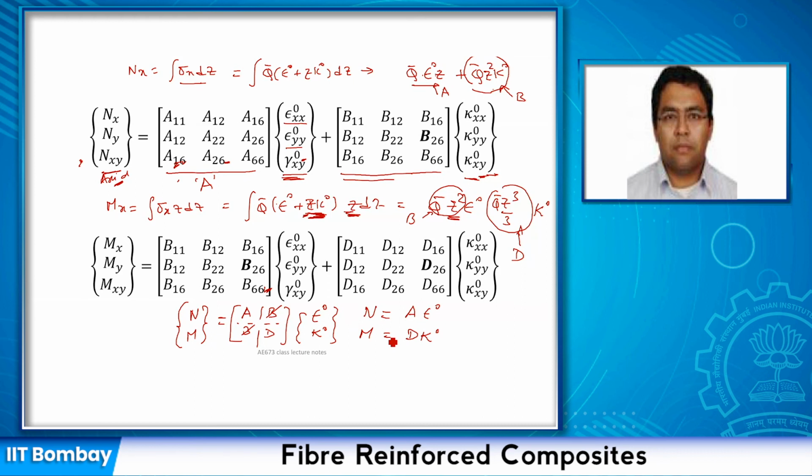But now suppose you create unsymmetric layups, then what happens? The B matrix becomes present. So physically what it means is, if you take a laminate and you apply an NX load, you are just pulling it straight, but that laminate will want to bend about the x-axis and y-axis.